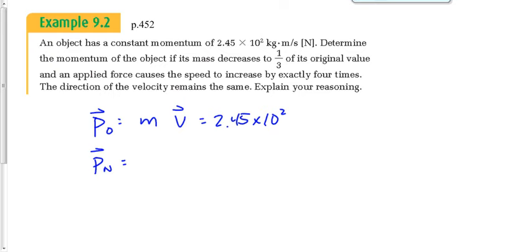Well, let me let you know a little secret. Yesterday when I told you momentum is given by the equation m times v, I lied. Momentum is not given by the equation m times v. Momentum is found by the equation mass times velocity. We almost always represent mass by m and velocity by v.